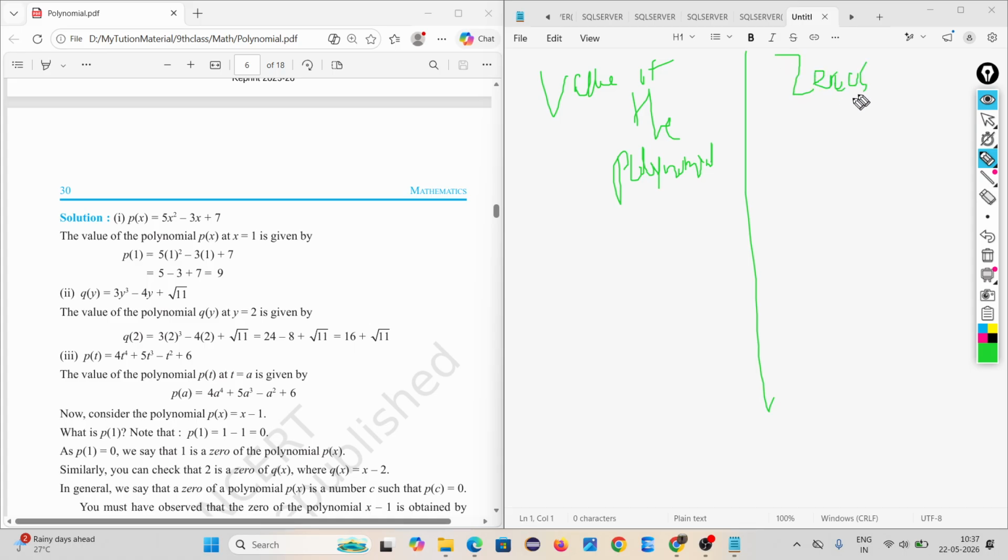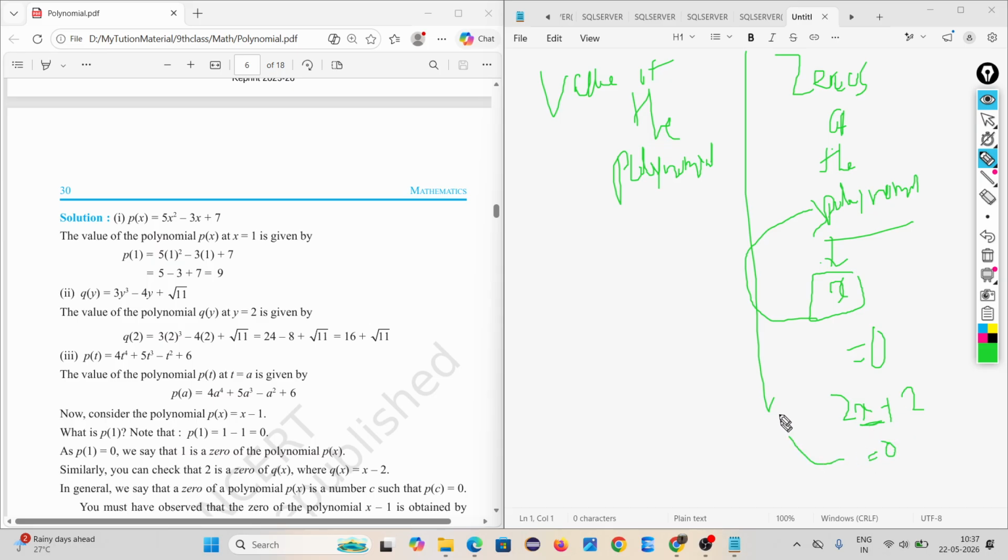Two concepts. If it is a linear polynomial, a zero means that by putting the variable value in the polynomial, that polynomial becomes 0. Suppose 2x plus 2. When I put the value of x, my whole polynomial becomes 0. That is called the zero of a polynomial.